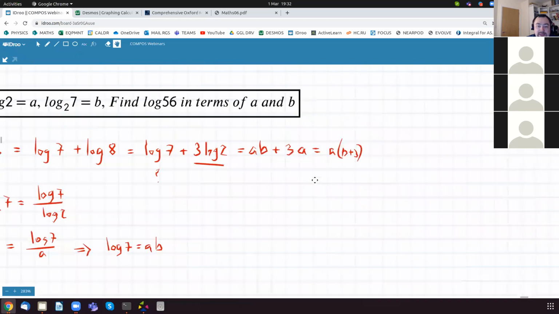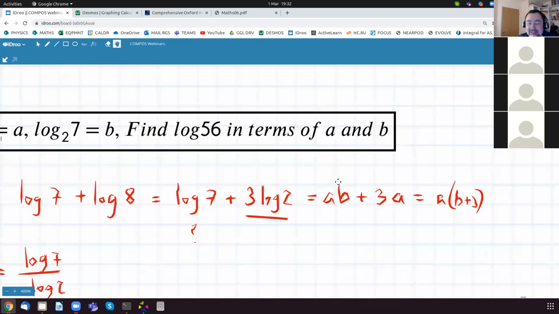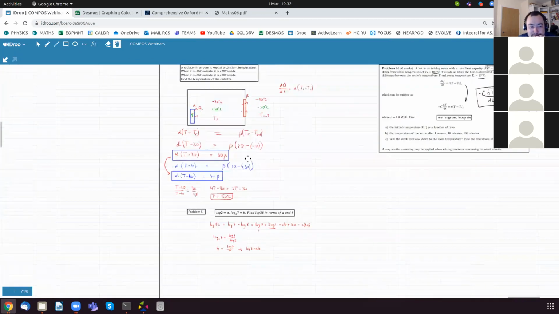Why is this a simplification? Well, because this is technically 1 term, whereas this is 2 terms. So I think it's more simple. Also, fewer symbols. Okay, so that's that.